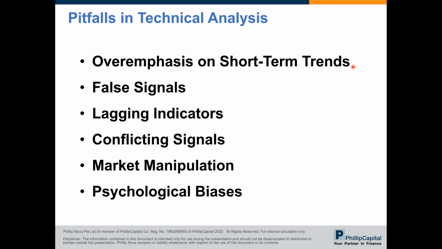And by waiting for all this string of data, by itself, the analysis you get is already lagging. Or you may have conflicting signals, especially for technical analysis. There are hundreds and hundreds of indicators out there. And sometimes, even for one indicator itself, you may have many parameters, right?